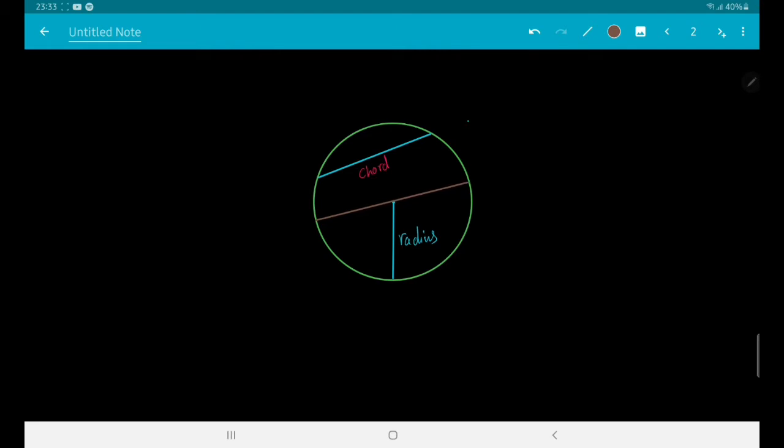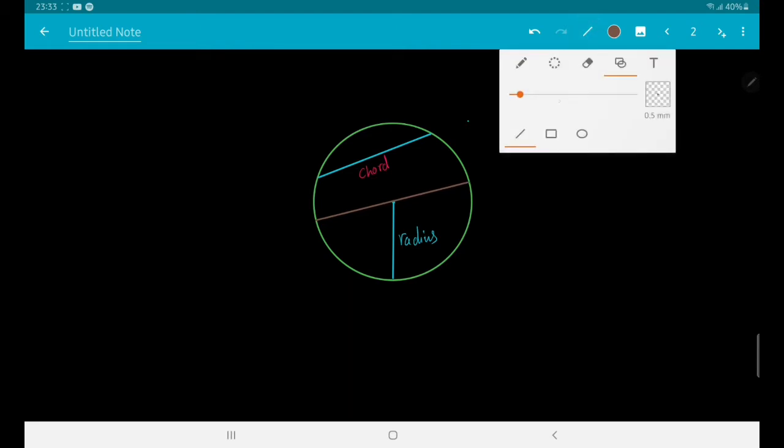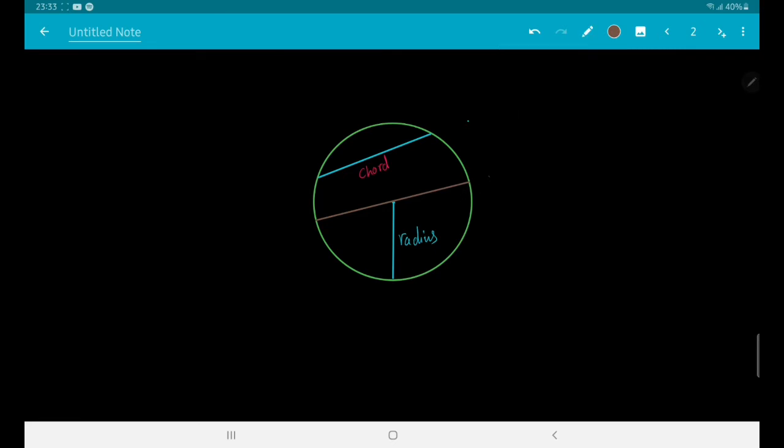So this one is called the diameter, and as you see, we can divide this diameter into 2 radii, here and here. So the diameter equals 2R, because it consists of 2 radii.